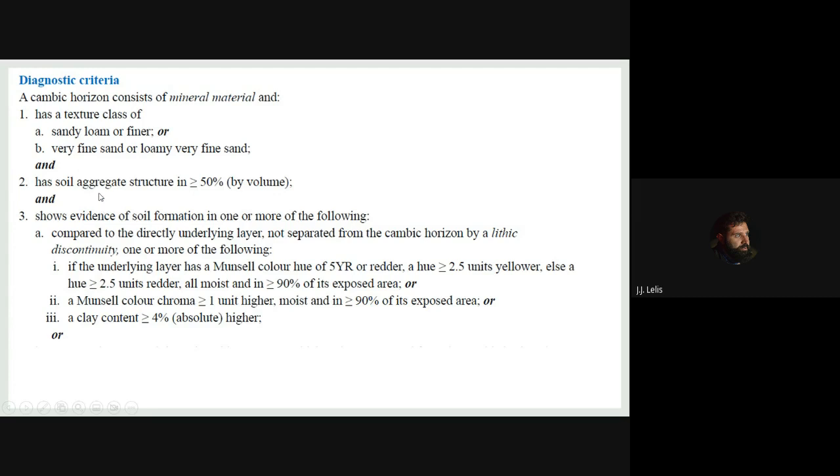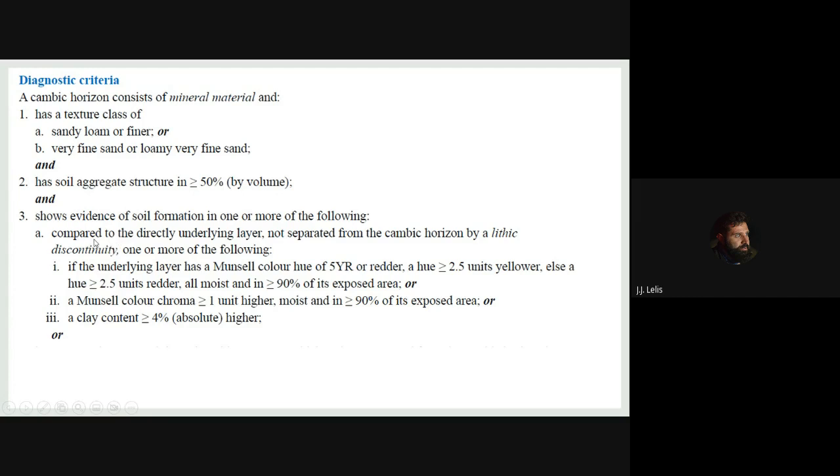It should possess subangular blocky, angular blocky, prismatic or granular, any kind of structure, but in at least half of the volume of that horizon, okay? It should possess evidence of soil formation following one of these possibilities.